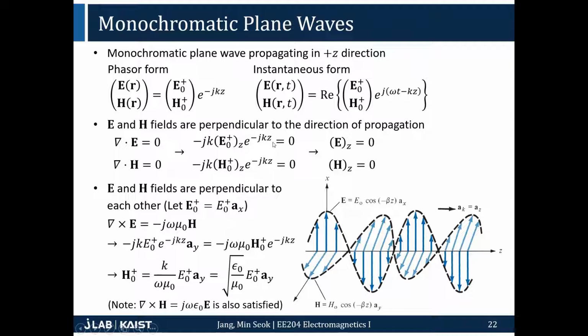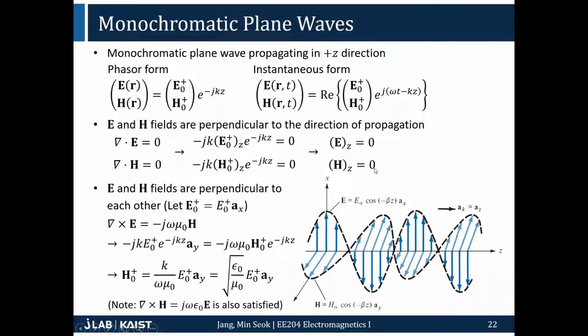Because this must be 0, what does that mean? The Z component of the E field and the Z component of the H field must be 0, both of them. So by applying the individual Maxwell's equations, we know that the Z component of the E and H fields must both be 0.